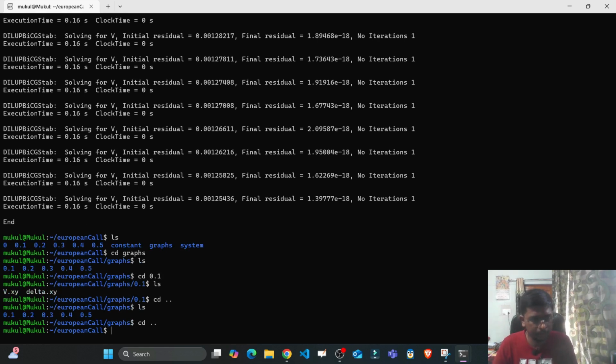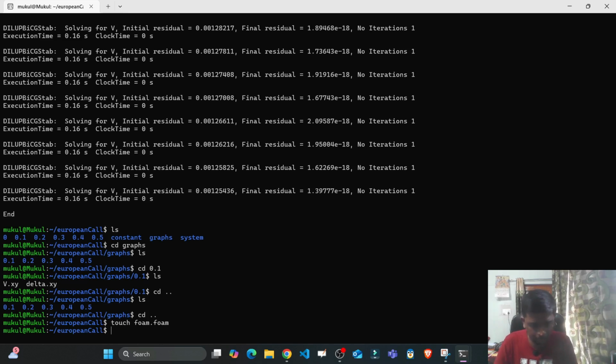First let's go inside ParaView and check what we've got. Because to solve something in OpenFOAM, you need to have a domain. Like when we solve any fluid problem, we have a rectangular domain in which a fluid is flowing and we have some obstruction in between, and we see the changes.